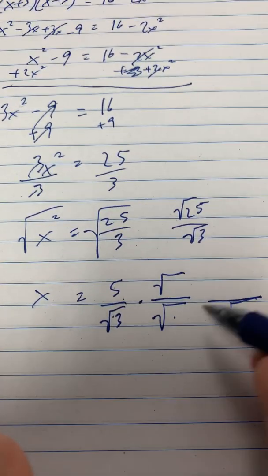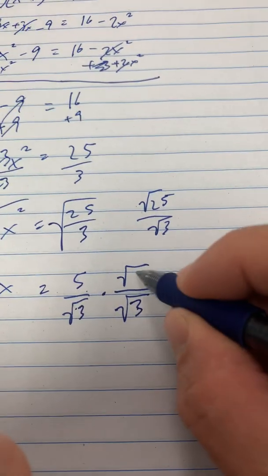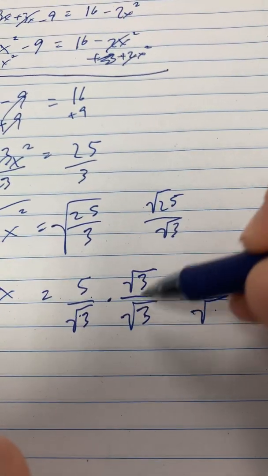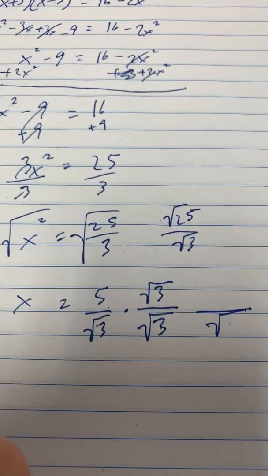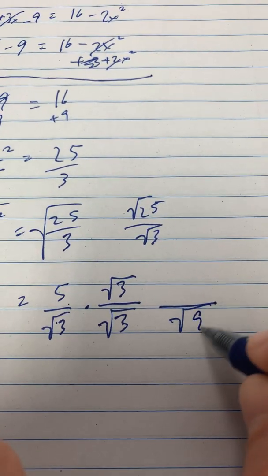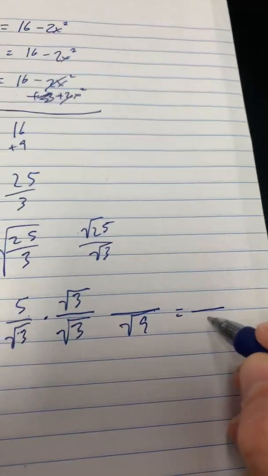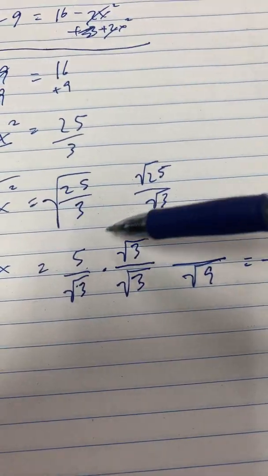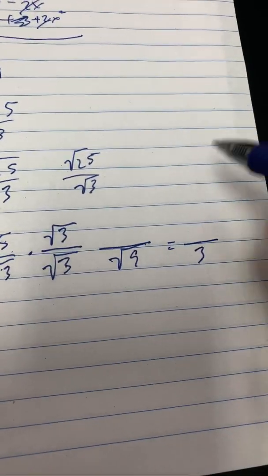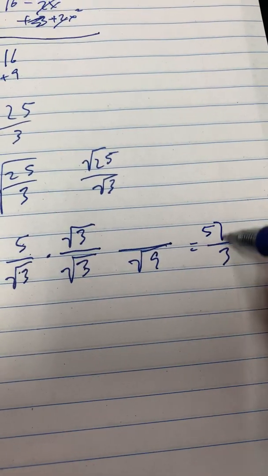The square root of 3 times the square root of 3 gives me the square root of 9, which is 3. Whatever I multiply the bottom by, I have to multiply the top by. And then 5 times the square root of 3 just gives us 5 times the square root of 3.